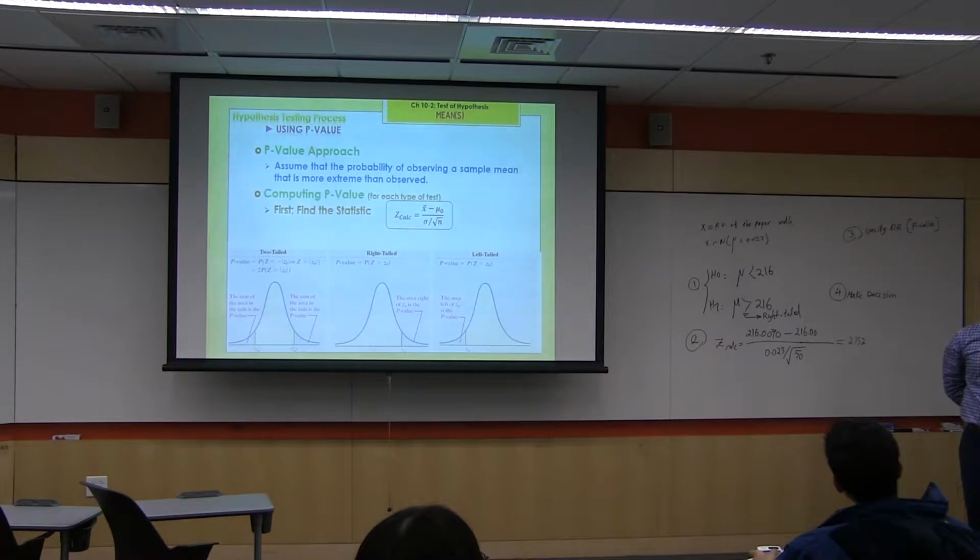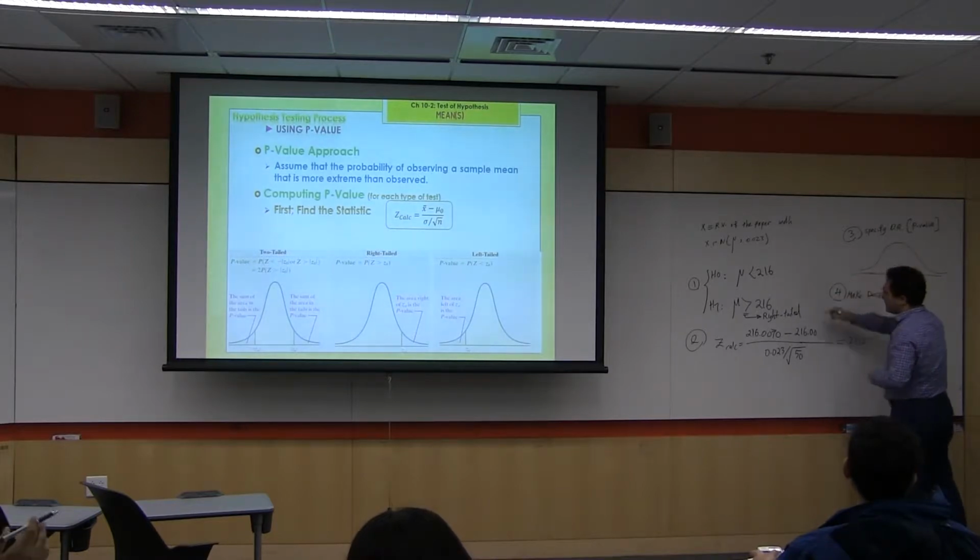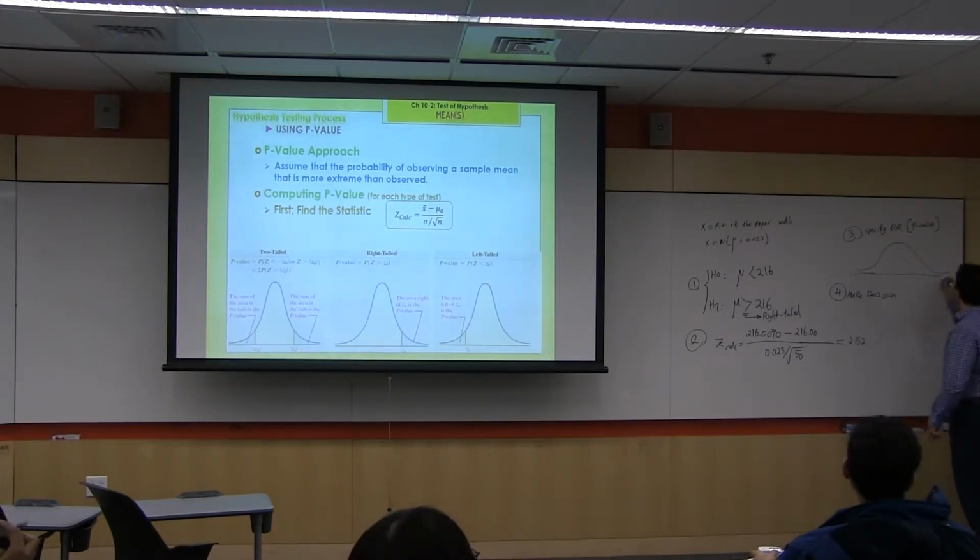Second is based on the type of the test. I know I'm using a normal distribution, and my z-calc is 2.15. Do I have a right tail test? Yes.